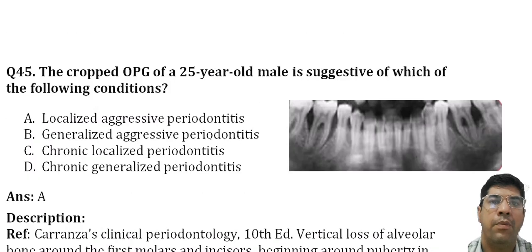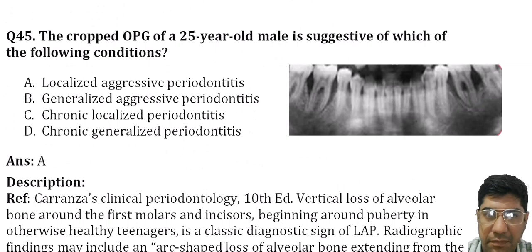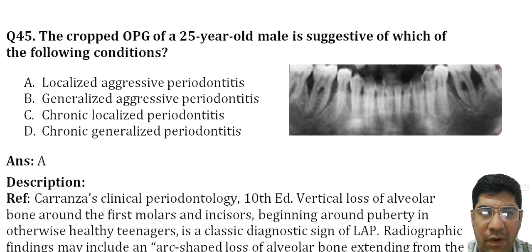A cropped OPG image of a 25-year-old male. It is suggestive of localized aggressive periodontitis, vertical loss of the alveolar bone around the first molar and incisors, beginning around puberty in an otherwise healthy teenager.